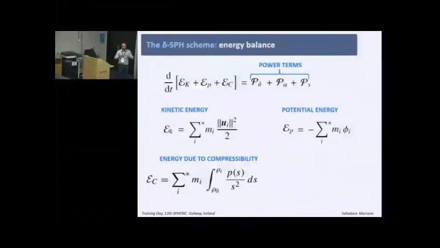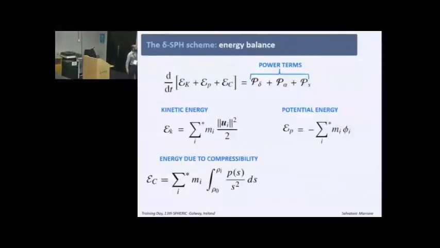In the SPH scheme, we can write a balance of the energy terms. Here we have kinetic energy, potential energy, and compressible energy. These are the 3 energies of our system. In the standard SPH scheme, without viscosity, these terms don't exist, and this is 0. So in the standard SPH scheme, without viscosity or artificial viscosity, this is constant at discrete level.